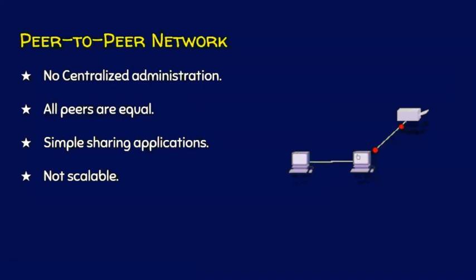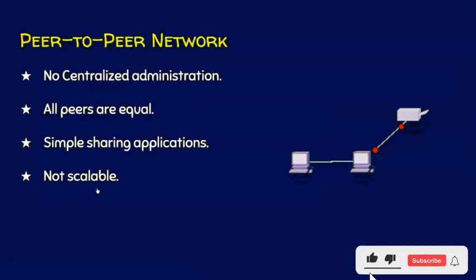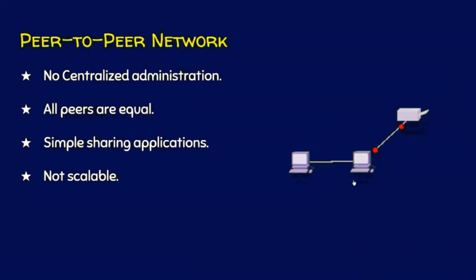And the problem with this peer-to-peer network is that it is not scalable. We have already seen what scalability is in our previous lecture. Scalability means new devices can be added to the network, but this is not a scalable network. Why? Because if this computer has only 2 ports, ports meaning how many devices it can be connected with, then only 2 devices can be connected. And that is why we say a peer-to-peer network is not scalable.